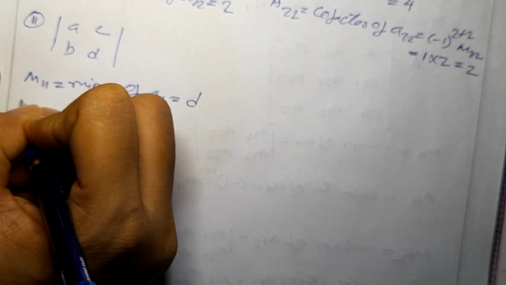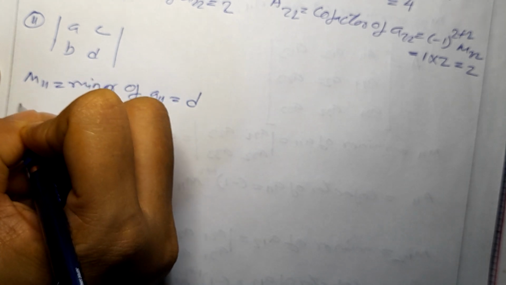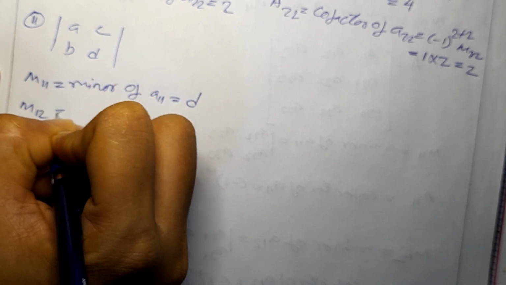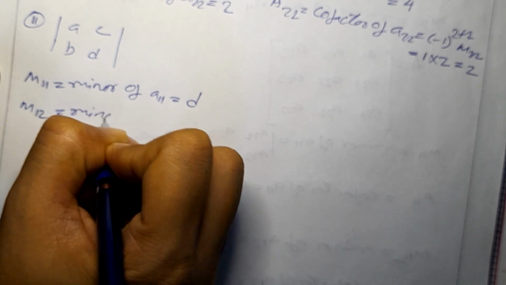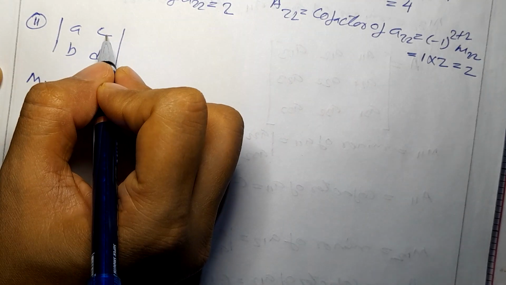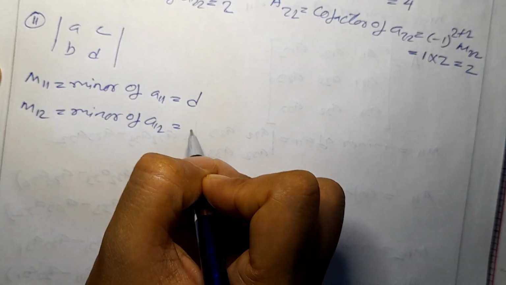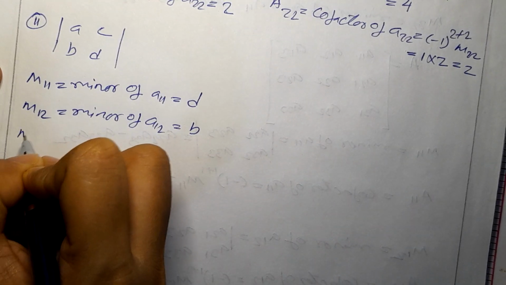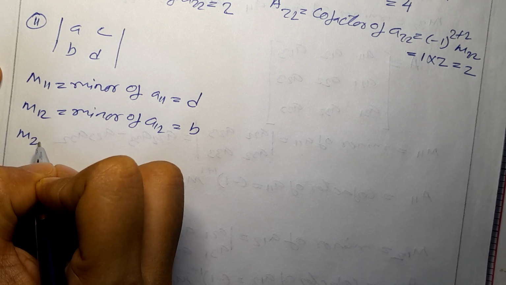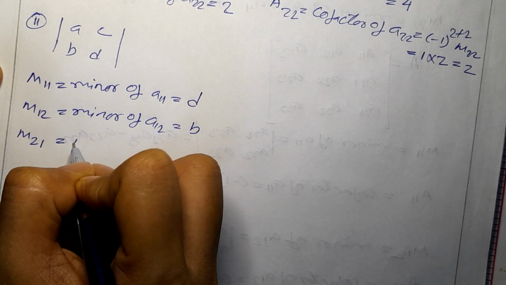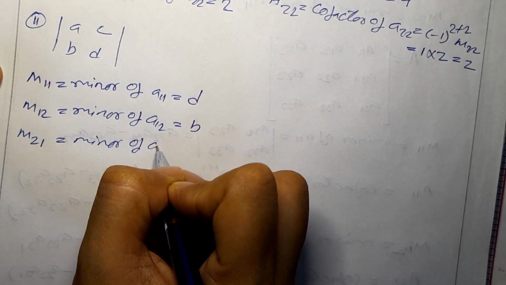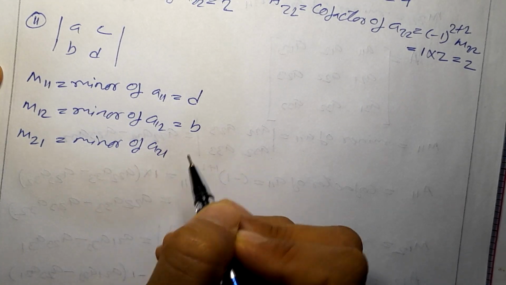First complete the minors, then find the cofactors. Minor M12, the minor of a12. Eliminate the first row and second column. So that is b. M21, the minor of a21.